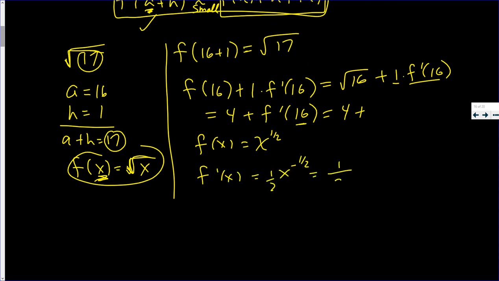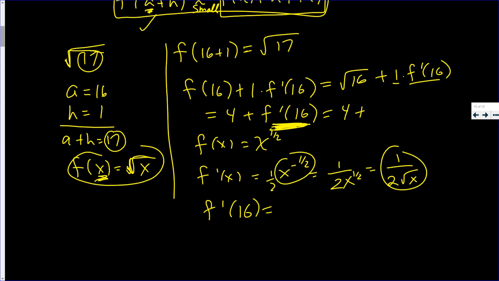So this is 1/2, and I'll put this in the denominator because it's a negative exponent, and now it's positive. That is 1 over 2 square root of x. So now I can find f prime of 16. f prime of 16 is 1 over 2 square root of 16, which is 1 over 2 times 4, which is 1 over 8.